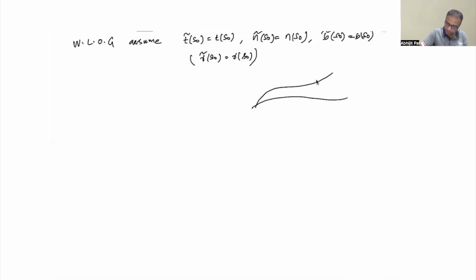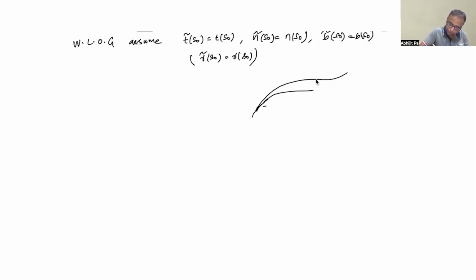So I have something like this. Here I have this tangent vector. It is difficult to draw a picture, but let me try. Suppose this is one of my curves, and another curve is something like this.